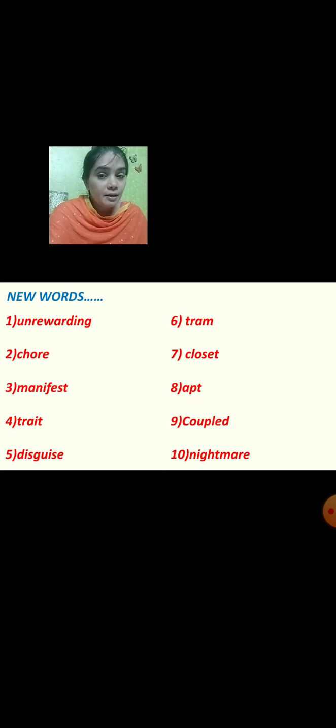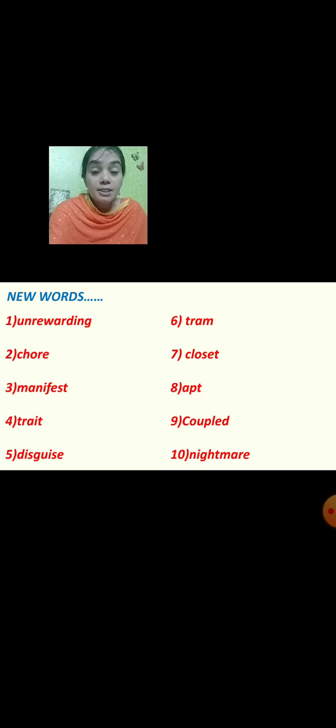Listen carefully and try to repeat so that it will be easy to read the poem and understand the poem. Unrewarding. Chore. I'm giving a pause after each word so that you can repeat after me. Number 3, manifest. Number 4, trait.